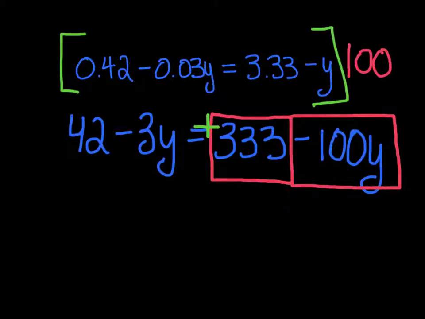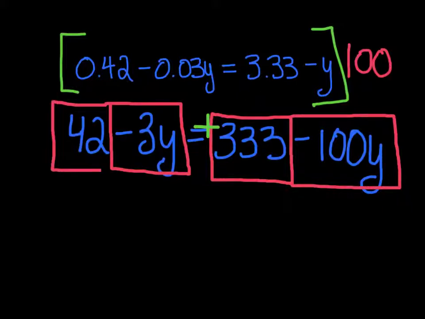On the left side of the equation, I could draw similar boxes. Around my 3y, I would include the minus sign immediately to the left of it. And I could also draw a box around my 42. Just like the 333 on the right, there is an understood plus sign.